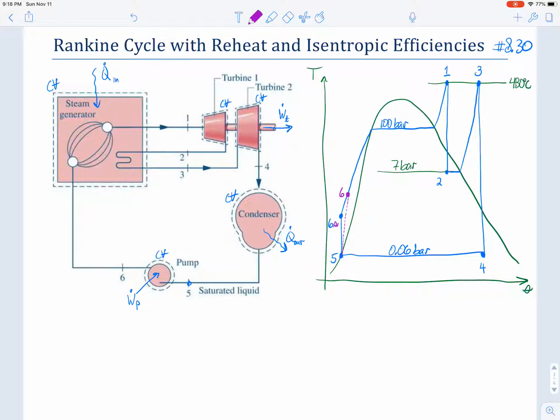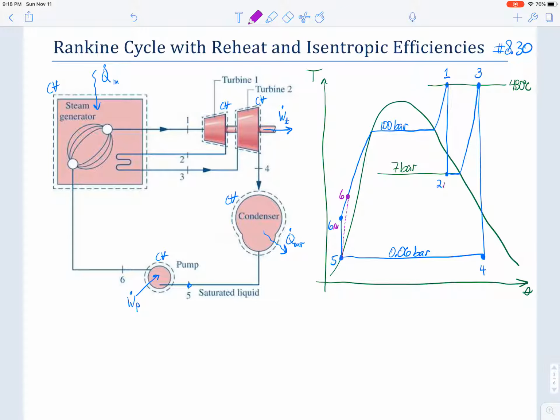Okay, let's look at the turbine. The turbine experiences irreversibilities, things like friction on all the seals and bearings, heat transfer from the casing. So state 2 here is actually state 2s, the isentropic output of the turbine. And then in reality, I'm at the same intermediate pressure, but at a higher entropy.